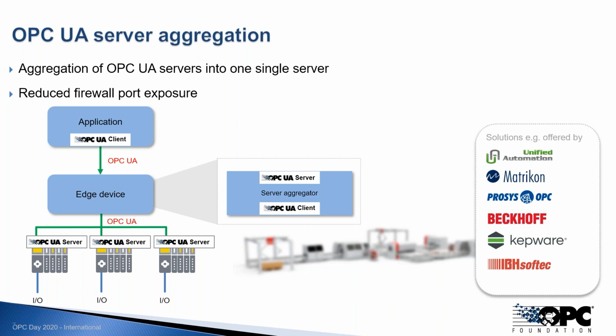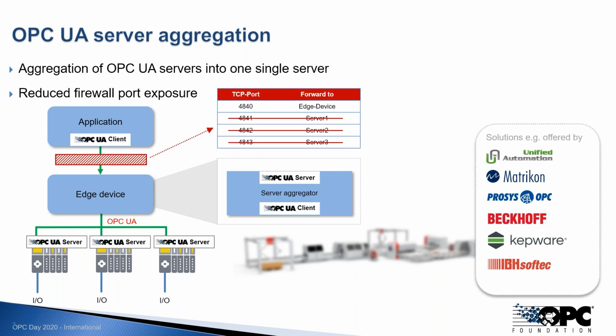To the lower level, in this example, we are talking OPC UA client, and there are quite some companies providing such aggregating capabilities for underlying OPC UA servers. The benefit is here, of course, if we have a firewall in between, then we only need to deal with one port and one connection.